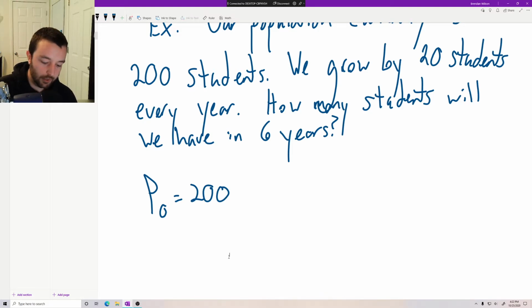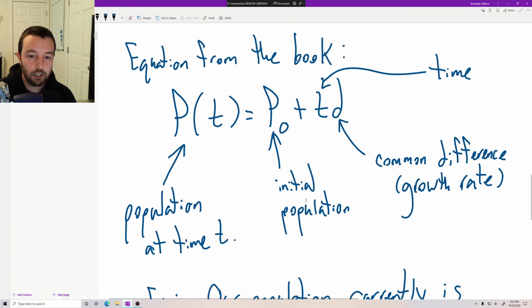What's our growth rate? Well, our growth rate is 20 students, which we call D here. Now, the book is shying away from calling it a rate because when we think about the word rate, that's typically a percentage, right? And we're not thinking of that as a percentage anymore. Now we're thinking about it as the actual number it's growing by, which is why they use a different word.